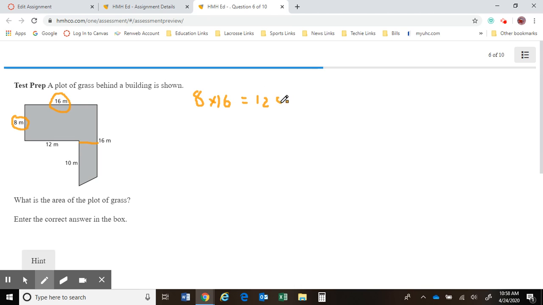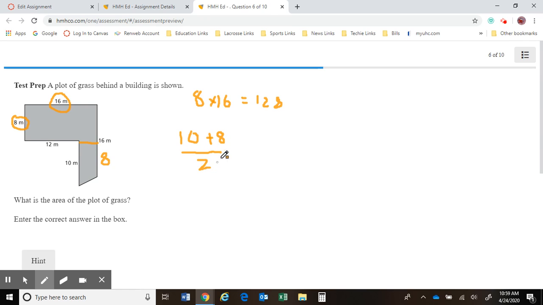Now what are the dimensions of my trapezoid? One of my bases is 10. What's my other base? Well, from here to here is 16. Here to here is 8. So 16 minus 8 would be 8. So this base must be 8. So I've got my bases of 10 and 8, and I'm going to divide that by 2.